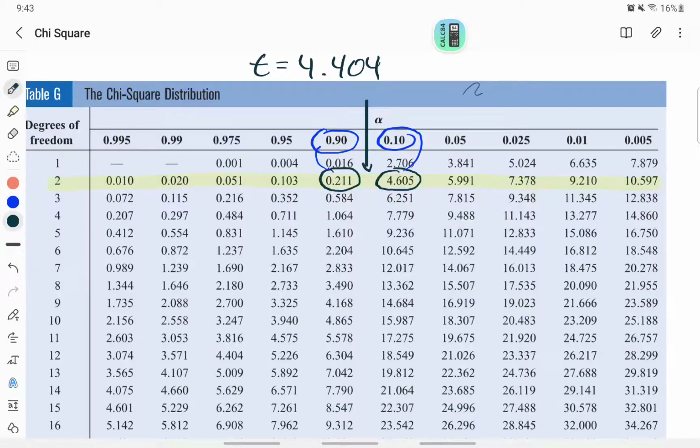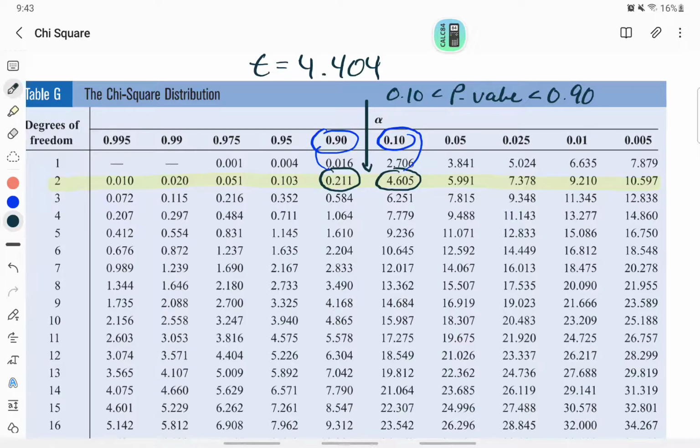So we can say that the p-value will be in between, in order, 0.10 and 0.90. Wow, that's a lot. That's a huge difference between 0.10 and 0.90.